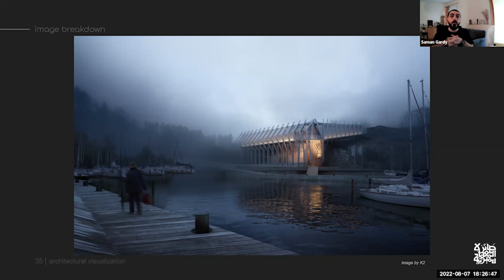Look at the photographers, try to analyze how they are showing the buildings, because that's also an important part. There are a lot of people who are architectural photographers. They are just taking photos for architecture designs.